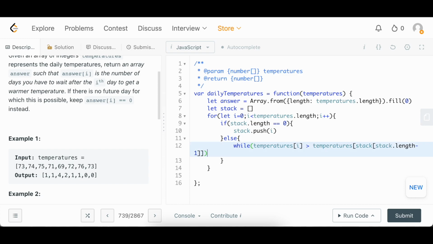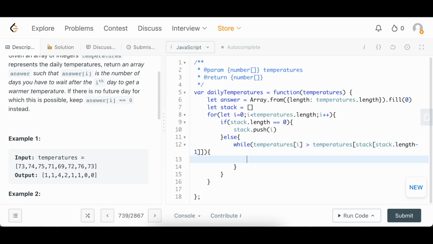Now if my current temperature, like in this case 74, is greater than 73, that means I'll pop. So let's take the pop value to be stack.pop, right? First I'll push 0 for this, and then comes index 1.